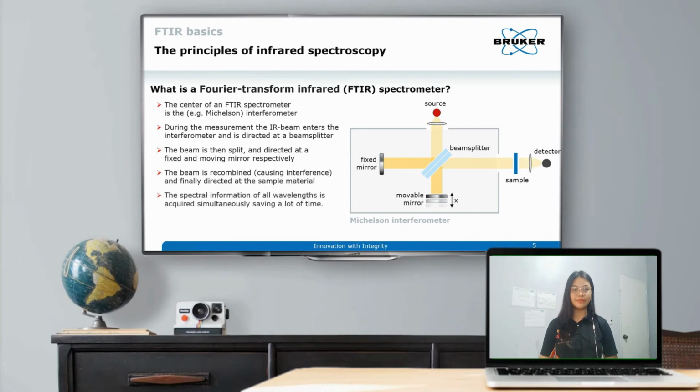The recombined beam now passes through the sample, and the sample will absorb all of its characteristic wavelengths while also subtracting the specific wavelengths indicated in the interferogram. Then the detector will report simultaneously a plot of energy variation versus time of all the specific wavelengths it detects.